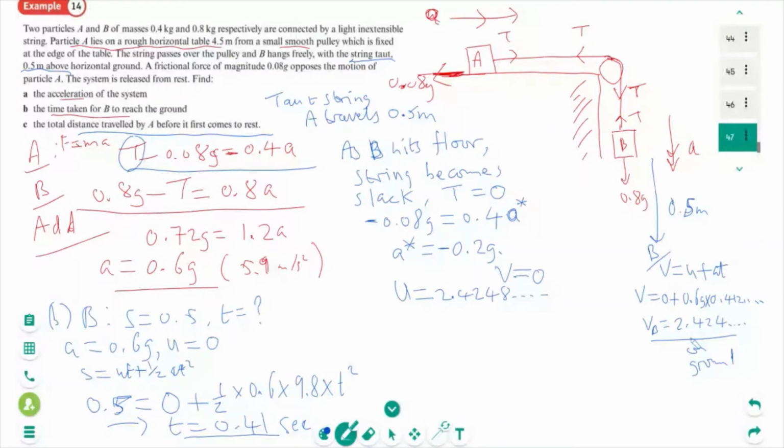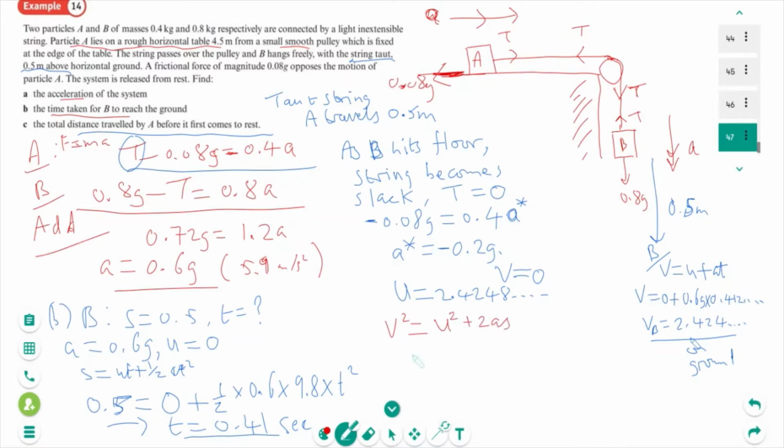So you're going to use v squared equals u squared plus 2as.